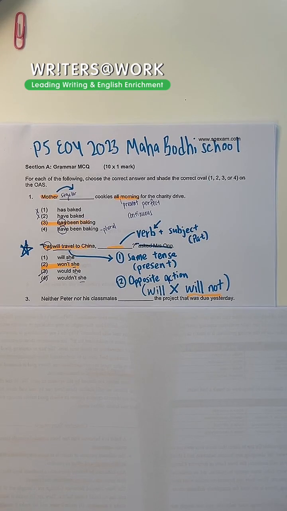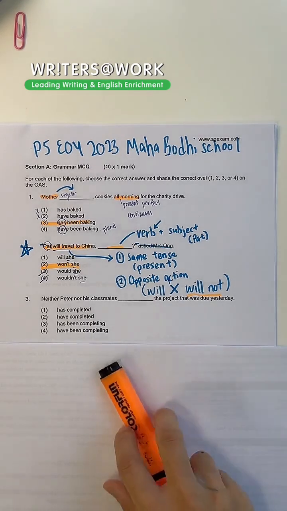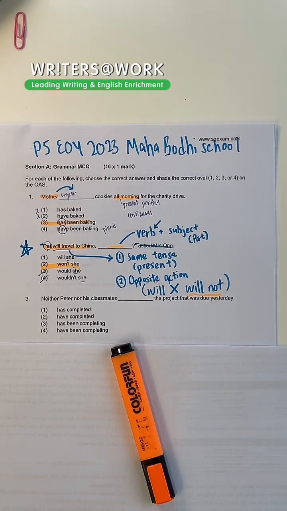Question 3. Neither Paul or his classmates blank the project that was due yesterday. Alright, so now I'll turn it over to you in the view. For those in the live stream over here, which answer do you think solves question 3?